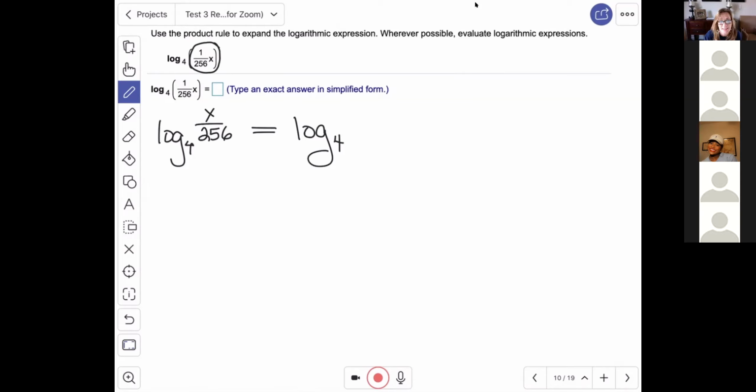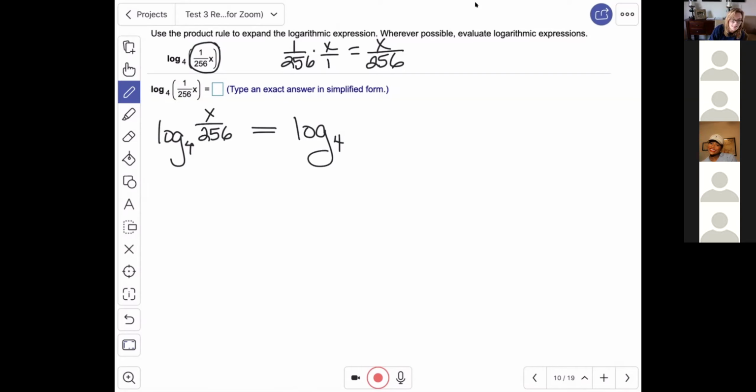And I got x on top, 1 times x in that case. It looks kind of weird, but if you think about it, 1/256 times x is like an x over 1. It's just never written that way. So you can get x over 256, like that. And so when you do that, you could combine it pretty easily. All right?